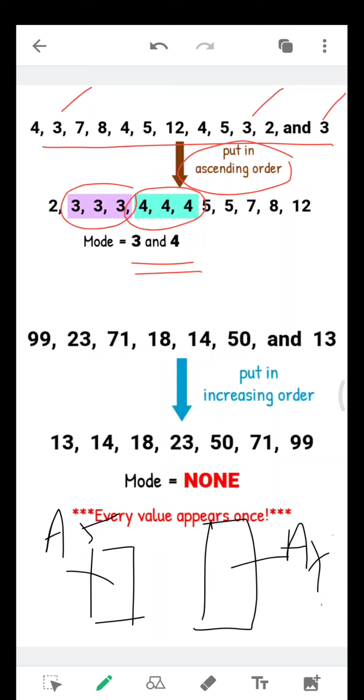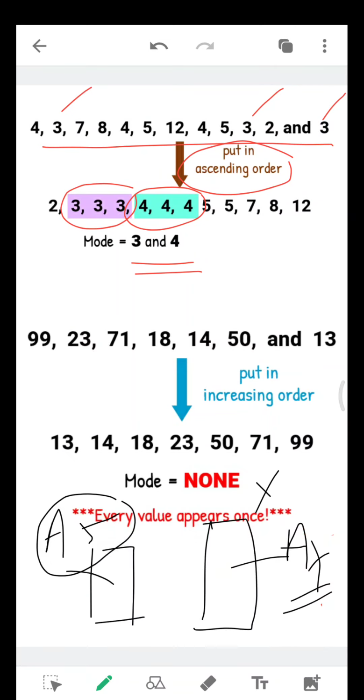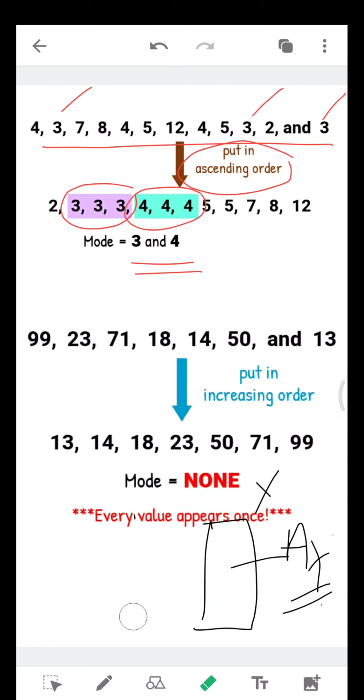Suppose for a particular time A5 was sold more in number when compared to A7. Will the company manufacture A7? No. The company will stop manufacturing A7 and manufacture A5 because the demand for A5 is more. So A5 becomes the mode of this company. There are many examples; you can apply this to every company.